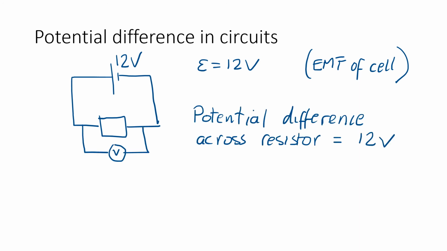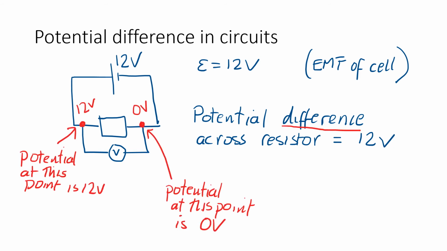Assuming that the connecting wires have negligible resistance, we assume that there's no potential difference dropped across these wires, and therefore if we connected a voltmeter across this resistor here, we would expect it to read 12 volts. That's because the potential difference across the resistor is equal to the EMF of the cell, which equals 12 volts. Note we use the term potential difference across the resistor.